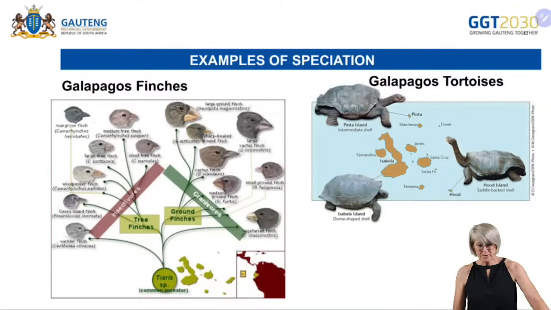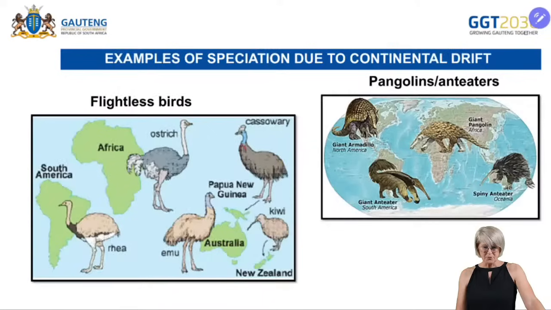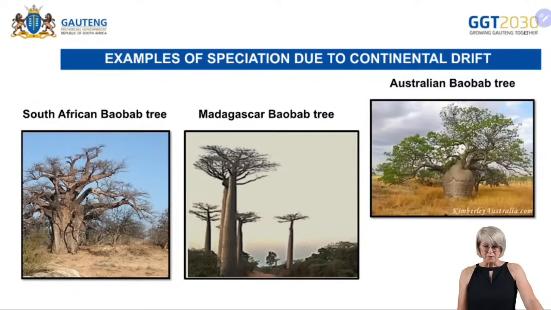Right, then the examples that you need to know that are listed. We have in animals, we have Galapagos finches, and we have the Galapagos tortoises. So those are examples in animals. If we have a look at, again, I said to you about the flightless birds. We also have other animals that we find on the different continents that are similar. We have plants.